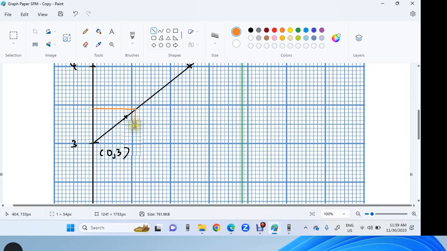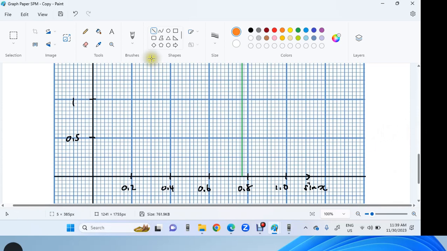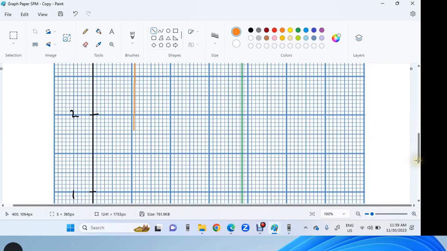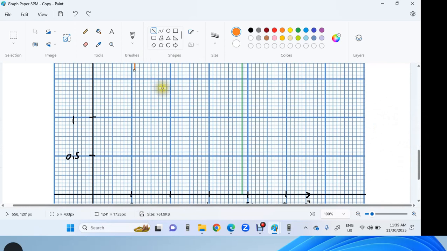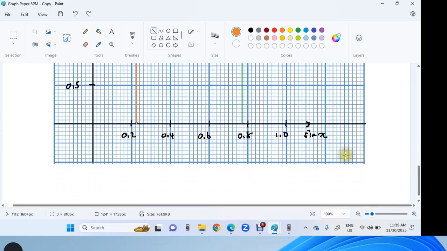So the value that we get is around 0.22.